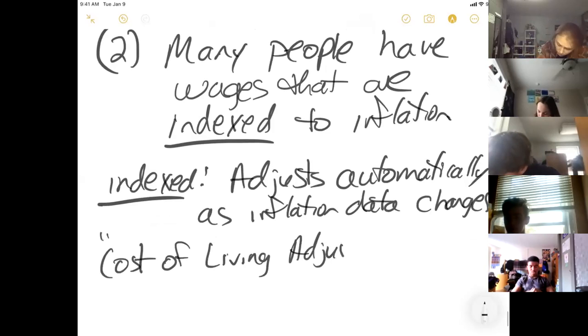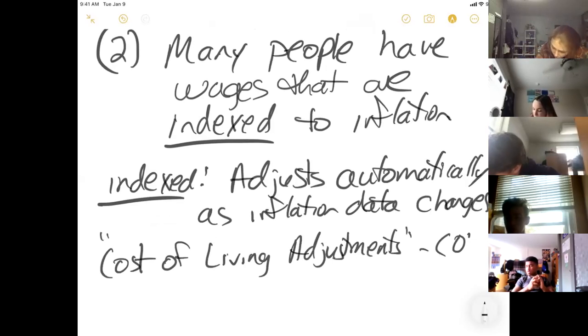I don't know if any of your parents work in a union, but traditionally union wages have what are called cost of living adjustments to them. Cost of living adjustments, or sometimes these are called COLAs, right? A cost of living adjustment basically says that your wage automatically changes as inflation changes.